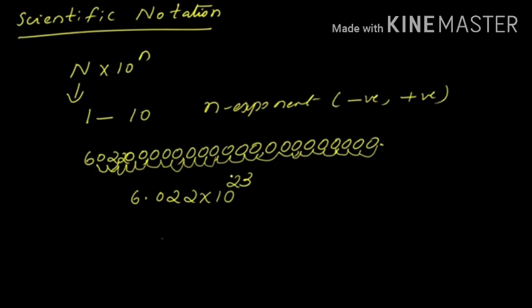So 6.022 into 10 raised to 23 is the scientific notation of the Avogadro number. Capital letter N should have a value between 1 and 10, then into 10 to the power of some exponent. We get that exponent when we count the number of digits we need to shift the decimal point.